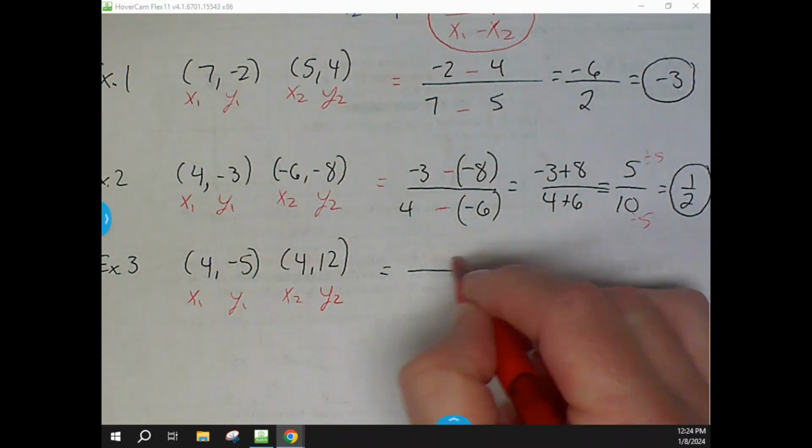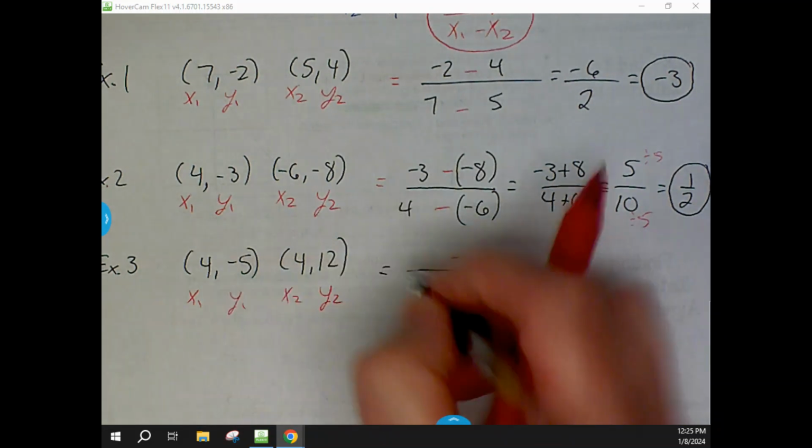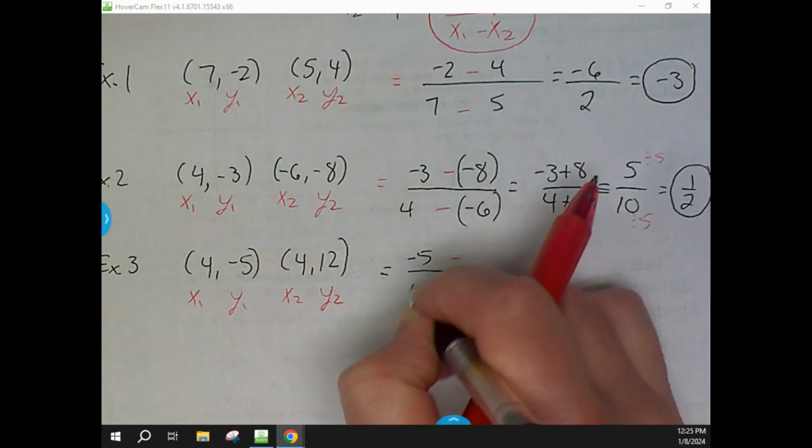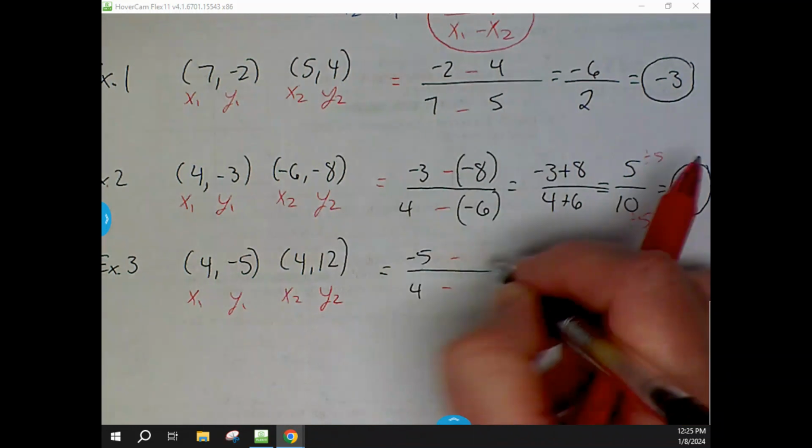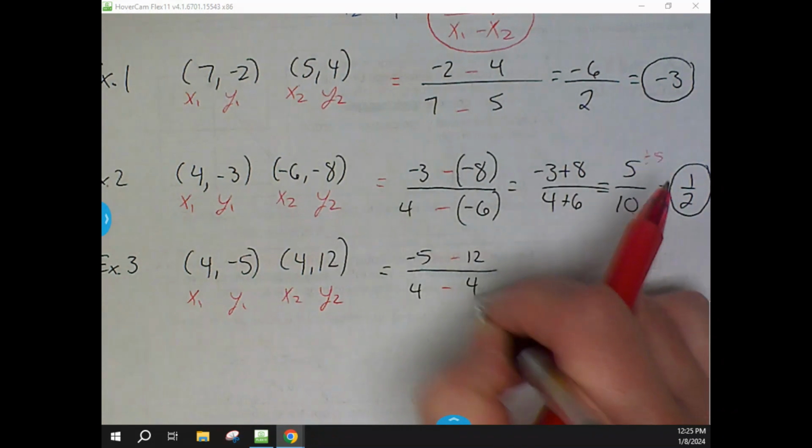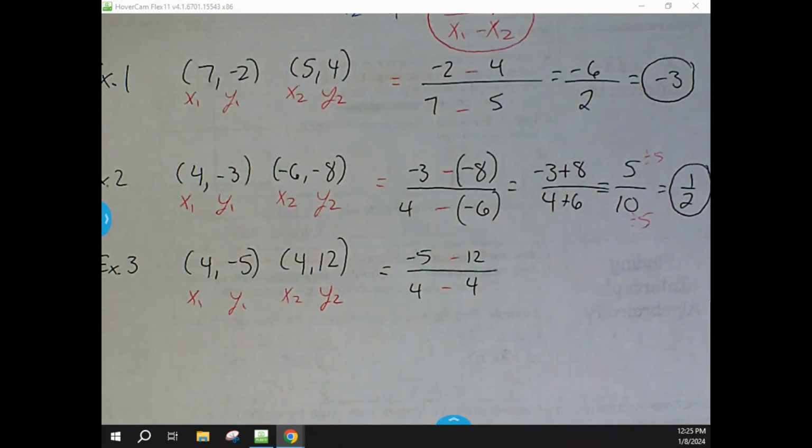All right, so on the top, we've got the y's, so -5 minus 12 with the y's on top. On the bottom, it's 4 minus 4.